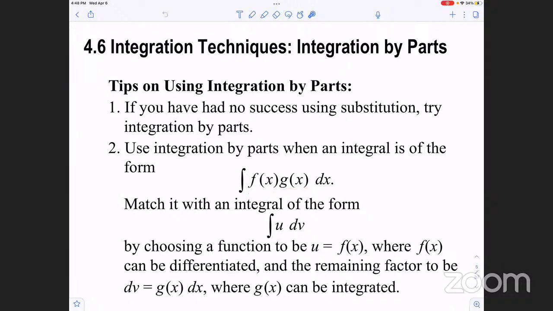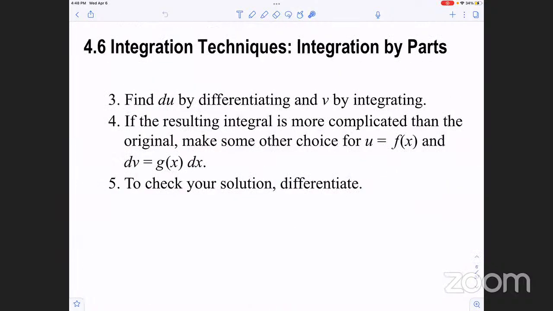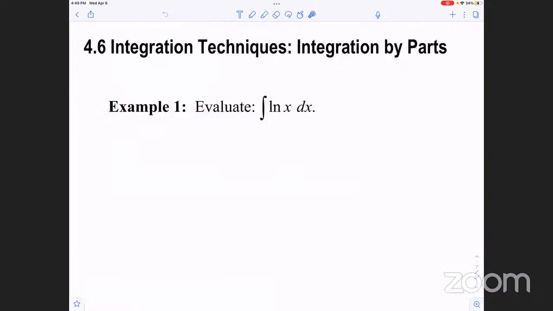Match it with an integral of the form u dv, by choosing a function to be u, where f of x can be differentiated, and a remaining factor to be dv, which is going to be g of x dx, where g can be integrated, then find du by differentiating and v by integrating. If the resulting integral is more complicated than the original, make some other choice for u and dv. To check your solution, differentiate, right? So let's see this in action.